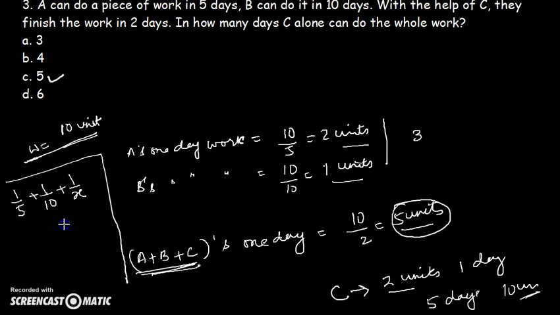And their 1 day work is nothing but 1 upon 2, which is given in the question. And then you can solve the equation using this. You should get 1 upon 5. Using this method also you will get X equal to 5. So C takes 5 days to finish that work working alone.